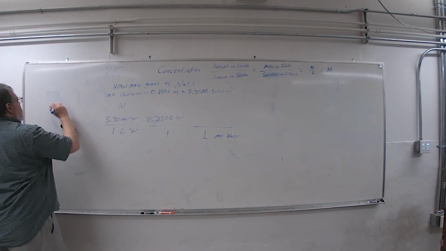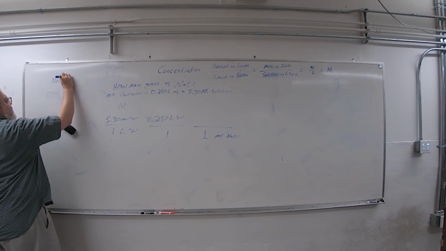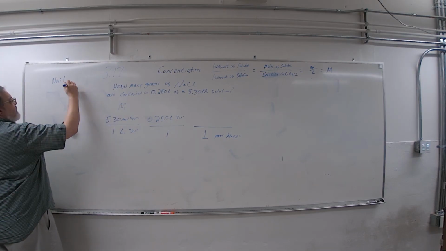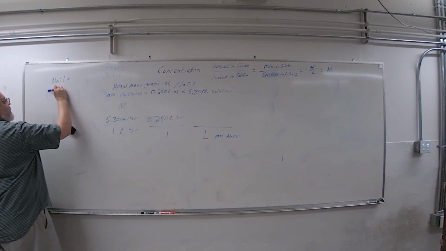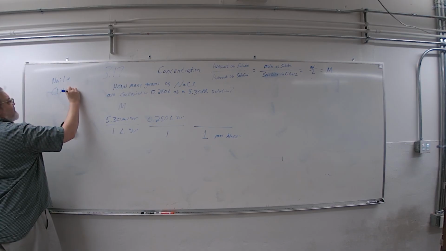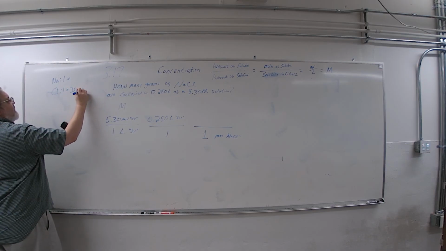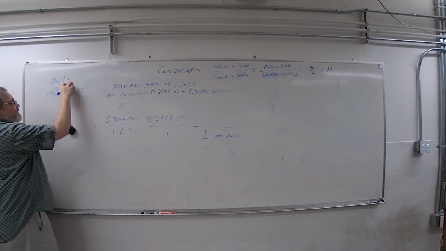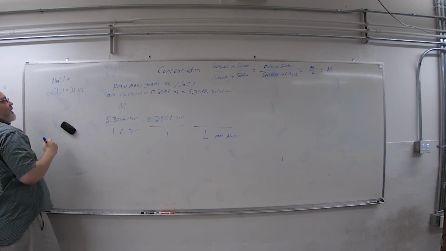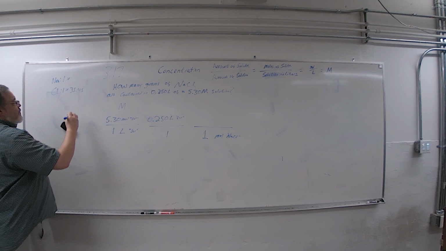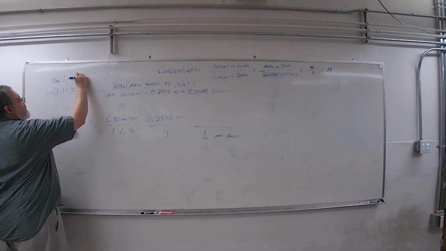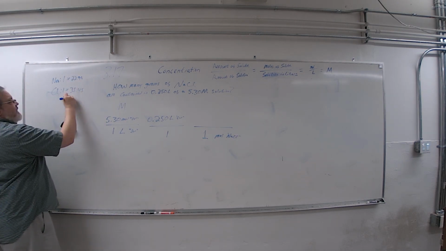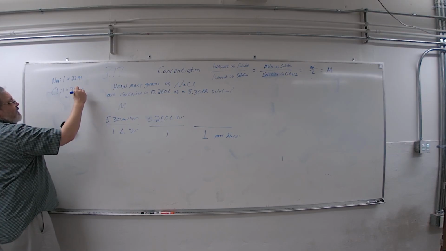If you look at the periodic table, Na, there's 1 of them in that formula. What does it weigh? Cl is 35.45. This is 22.9 something. What is sodium? 22.99. But there's 1 of each, so I can just add it straight up.